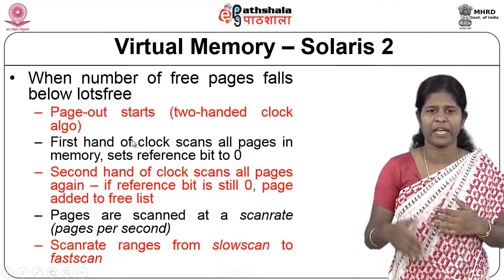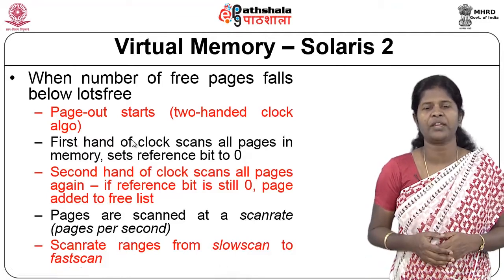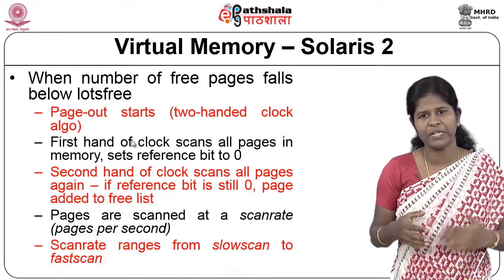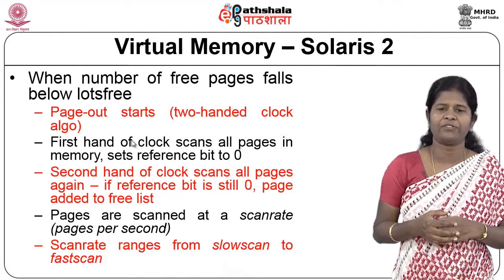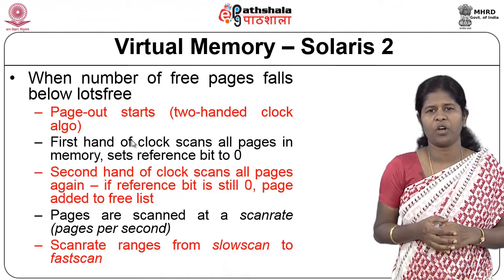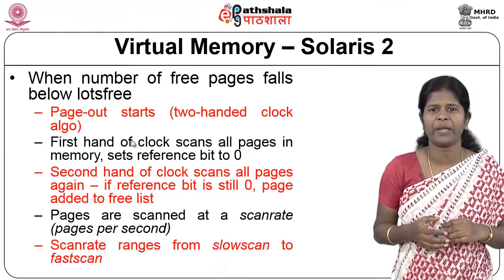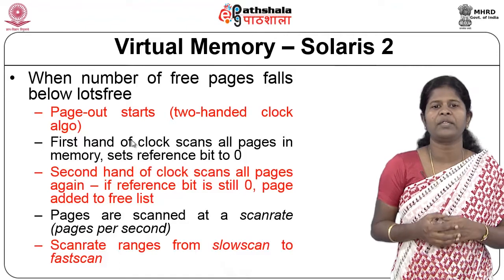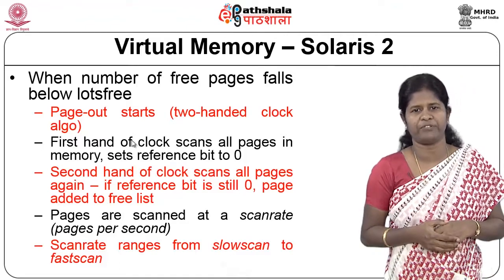Then the second hand, or the second iteration, scans all the pages again, and if the reference bit is still 0, meaning the page has not been referred to the second time, then that page is added to the free list.